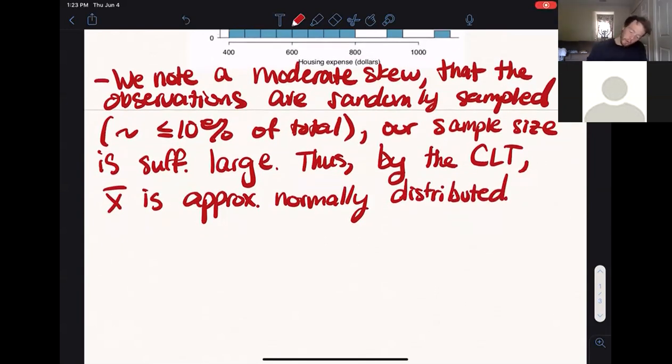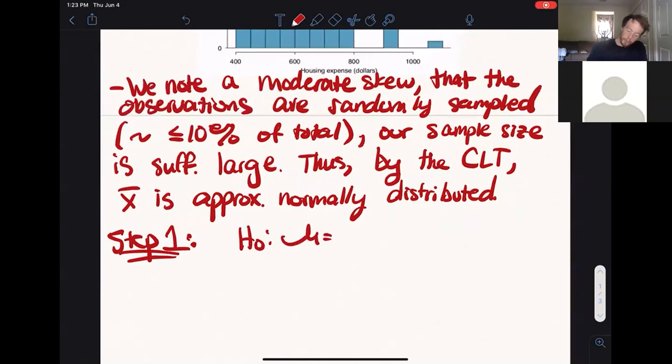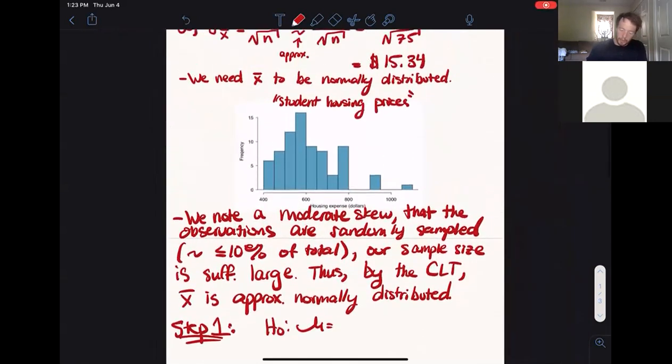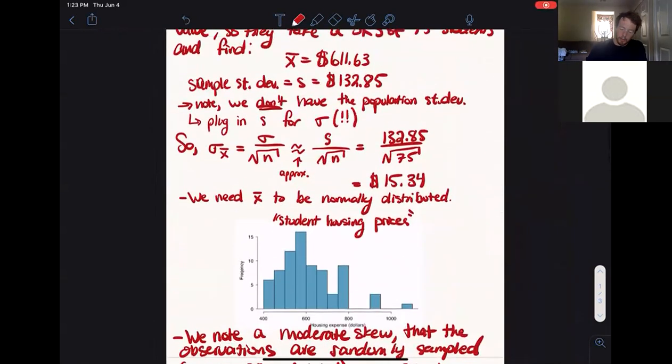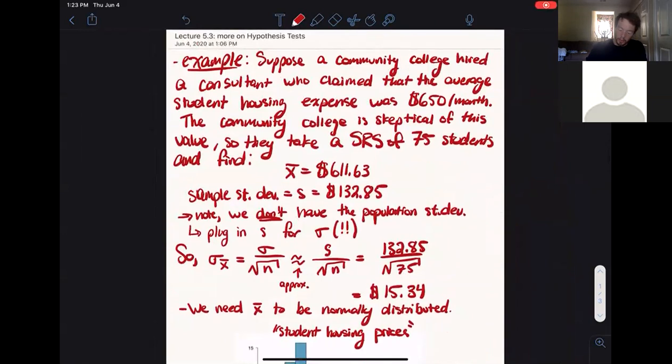Okay, so let's see. We want to do a hypothesis test. So let's start with our first step, which is define our hypotheses. We wish to know if the true average housing expense of students coincides with what our consultant claimed it was.